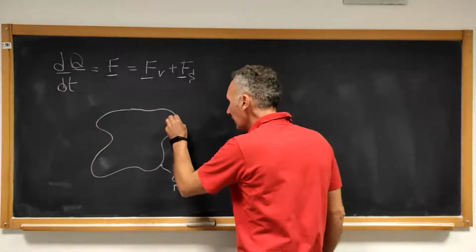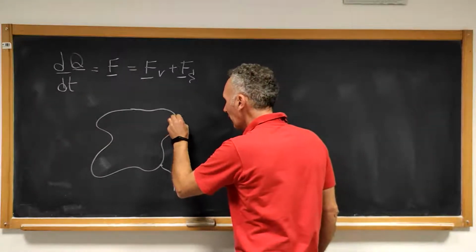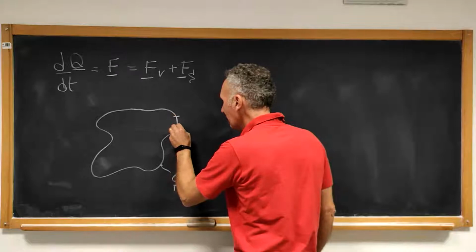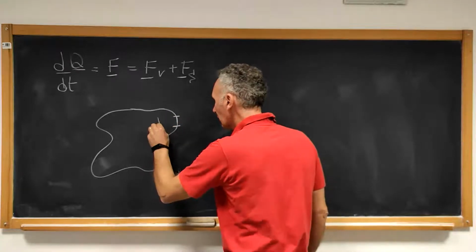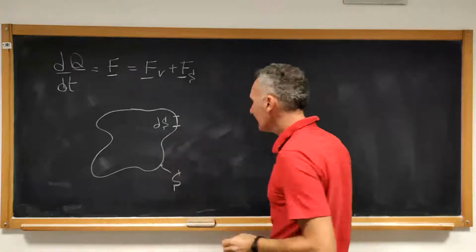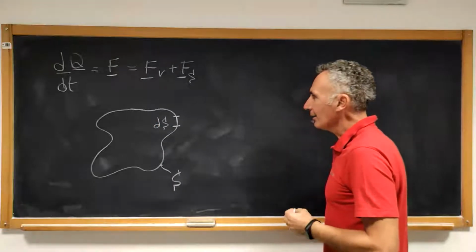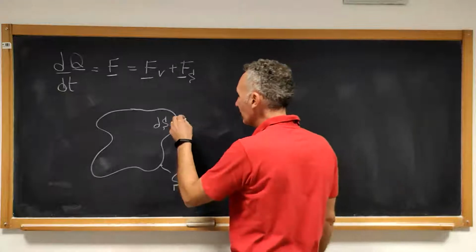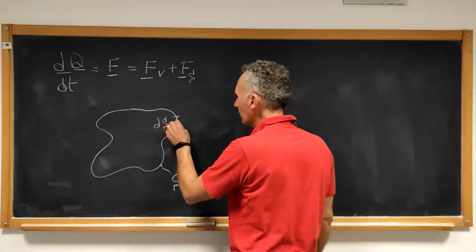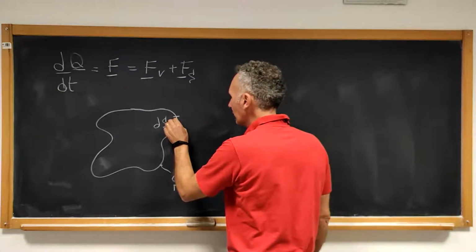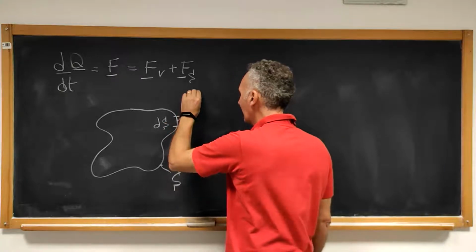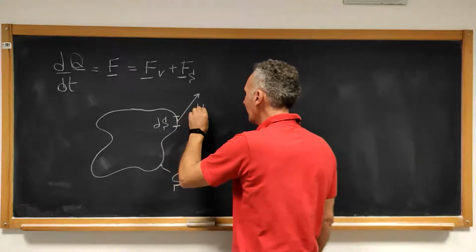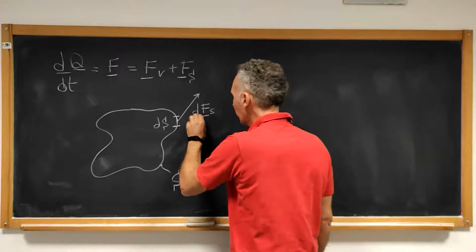Well, we have here some infinitesimal surface, which we can call ds, and this infinitesimal surface would be responsible for some infinitesimal surface forces. So let's pretend it is something like this: infinitesimal surface force.